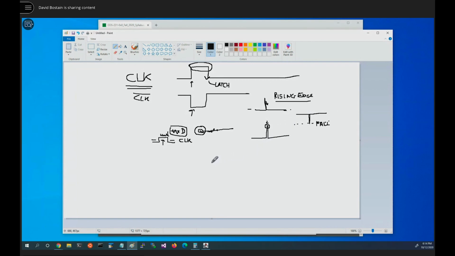Now, the way we accomplish that in our circuit was we simply allow a level clock to pass into a capacitor and a resistor arranged in what we would call a high-pass filter way.